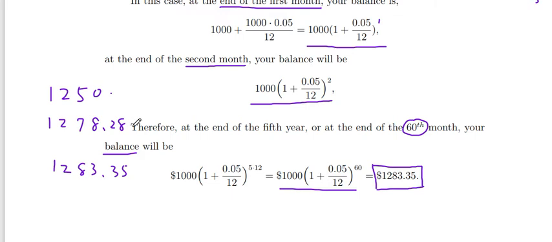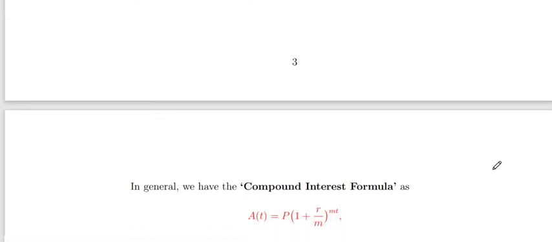If you count every year, 5 times, we got this. If you count every month, or 60 times, we got this, right? Okay, so from here we generalize this. We have a formula for the compound interest formula.